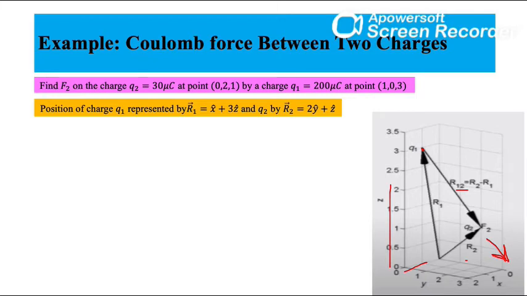Now remember how to find r12. We have to subtract r1 from r2, looking at each component: the y component of r2 minus the y component of r1, the z component of r2 minus the z component of r1, and the x component of r2 minus the x component of r1.